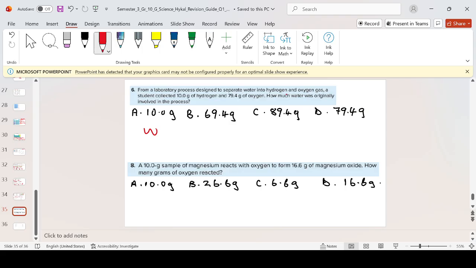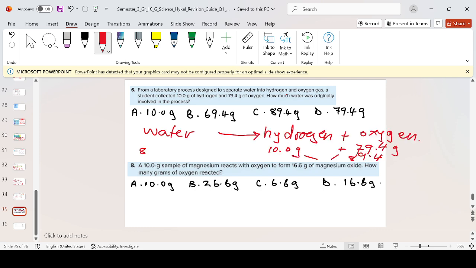For magnesium, it's 10.0 reacts with oxygen to form. So we are forming 16.6 grams of magnesium oxide. How much is the oxygen here? We don't know. How many grams of oxygen? We don't know. But when we add 10, we get 16.6. So I said 16.6 minus 10. What are you getting? Give me the answer here. Simple. 16.6 minus 10. Get your calculator and give me the answer.